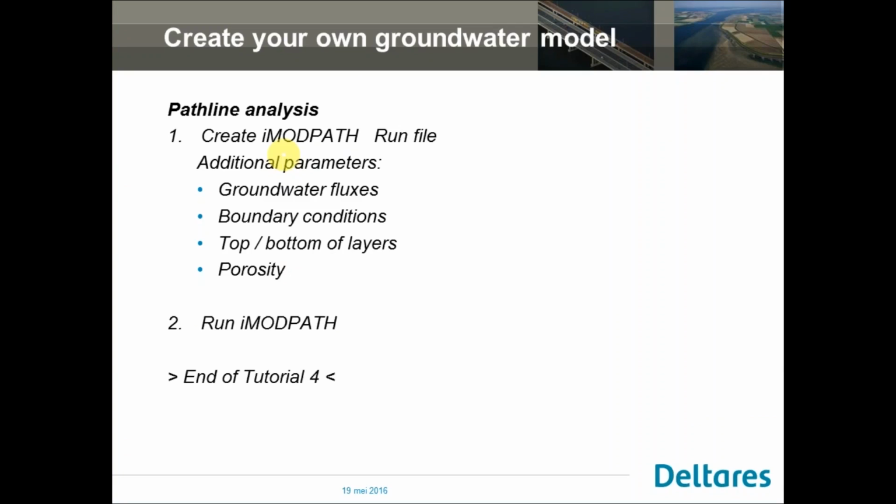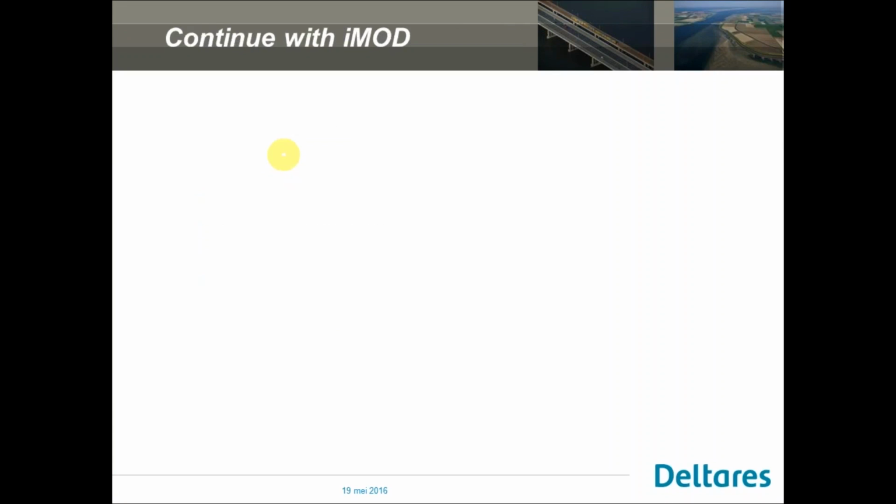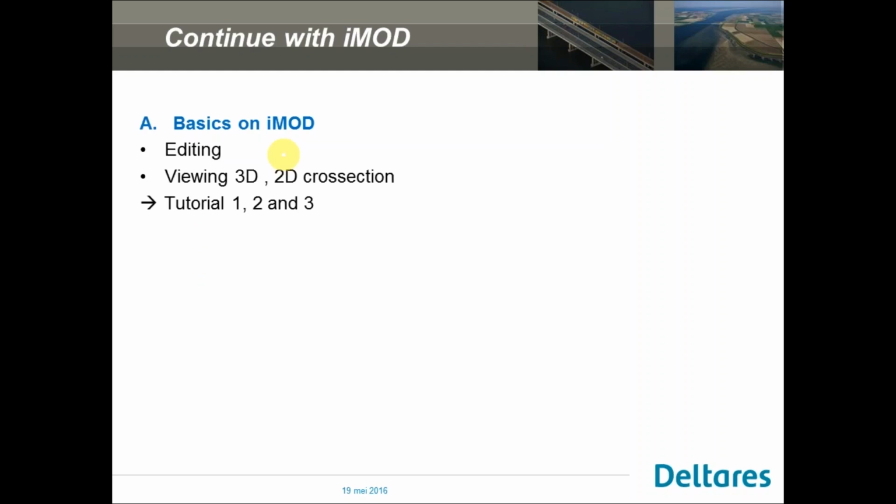It's the end of tutorial 4. Well, thank you for your attention to this tutorial. If you want to continue with iMOD and you need some more basics on iMOD, for instance, more on editing or on viewing in 3D or cross-section, then I advise you to do tutorial 1, 2, and 3 for yourself.